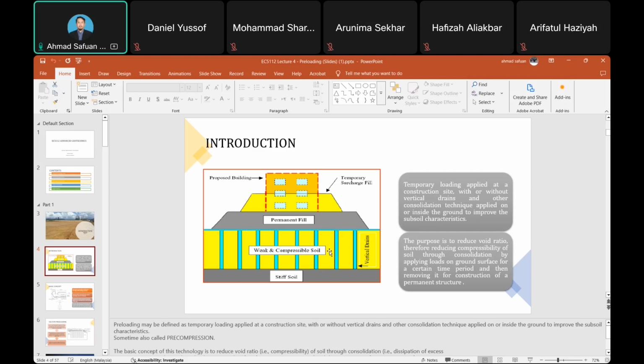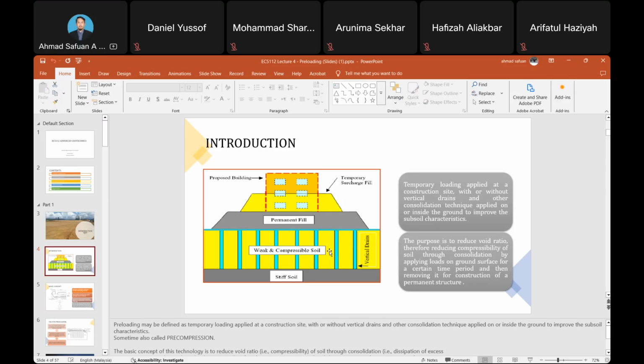Okay. So the idea of preloading is to reduce void ratio, therefore reducing compressibility of soil through consolidation, by applying load on the ground surface for a certain time period and then removing it for construction of a permanent structure. Usually the applied load on the weak soil should be greater than the load from the permanent structure.